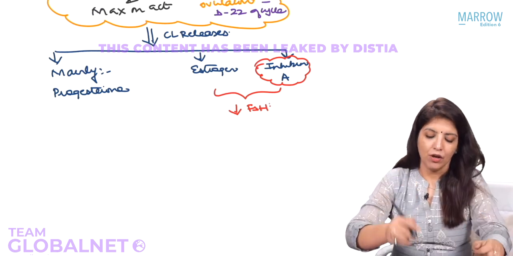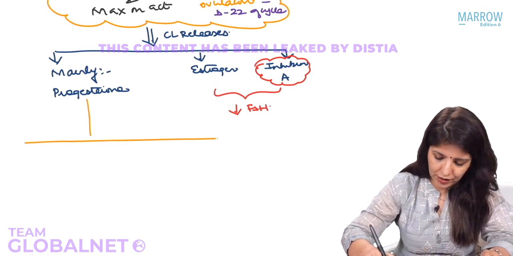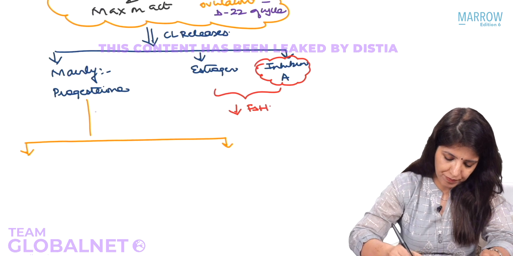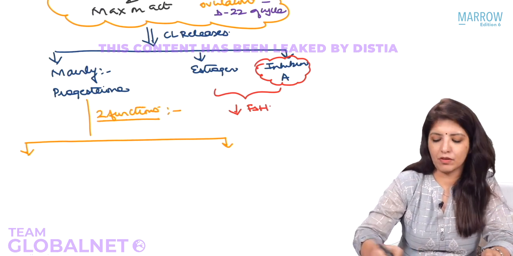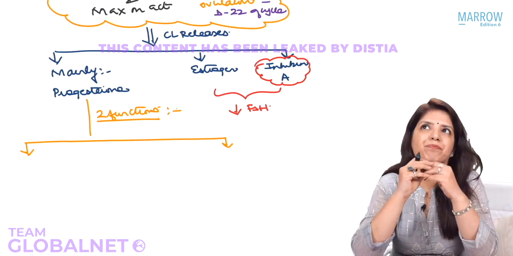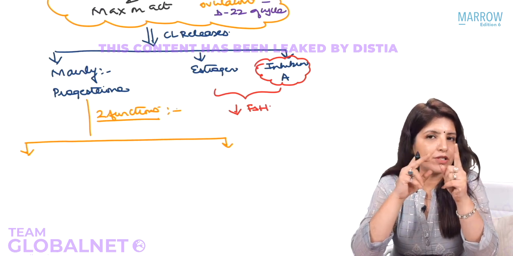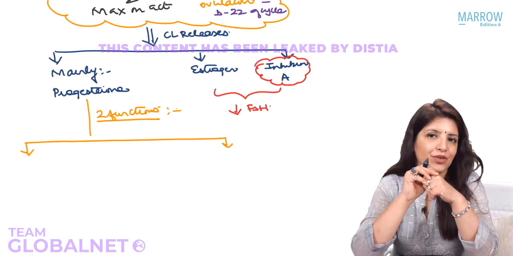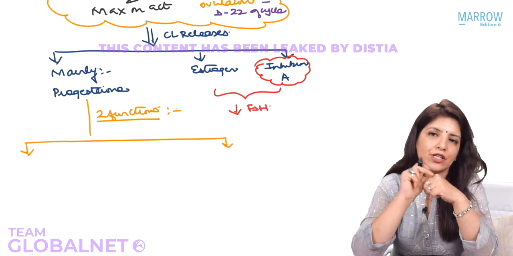Clear? Now this progesterone, when it is released, it will have 2 functions. Before I tell you the functions, see, FSH was acting on granulosa cells, and from FSH estrogen was produced, right? The moment estrogen was produced, it had a negative feedback on FSH.